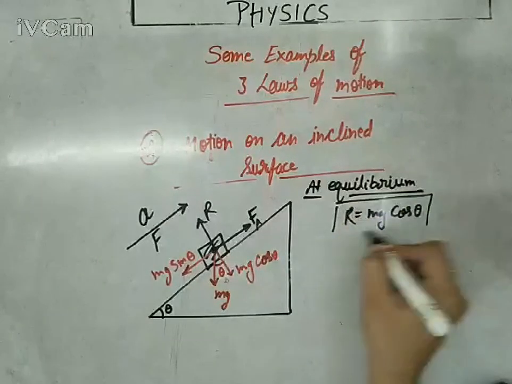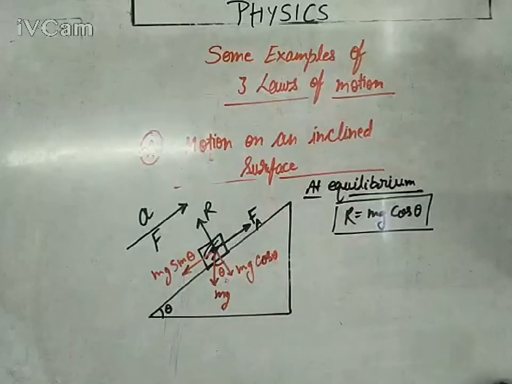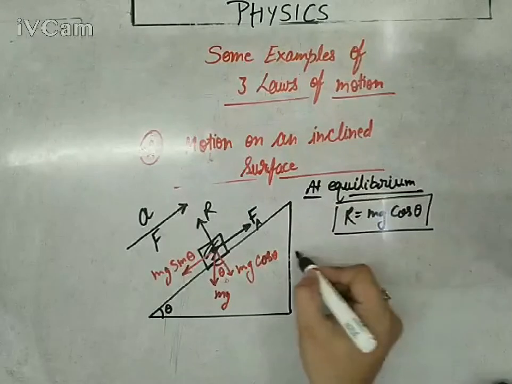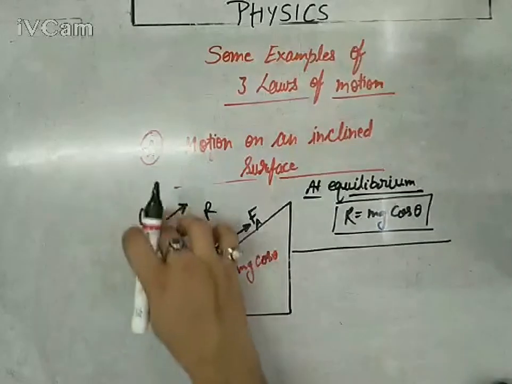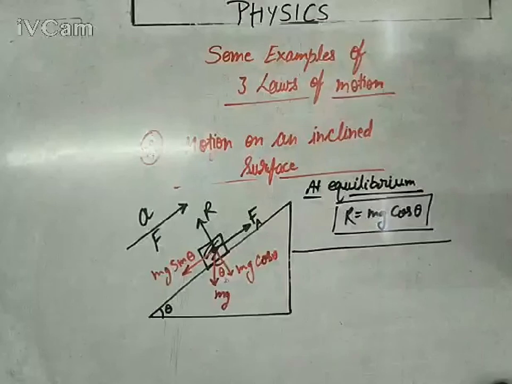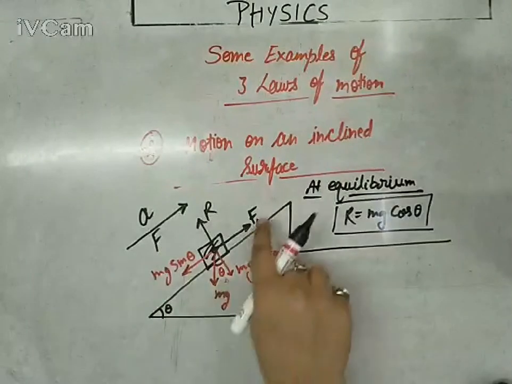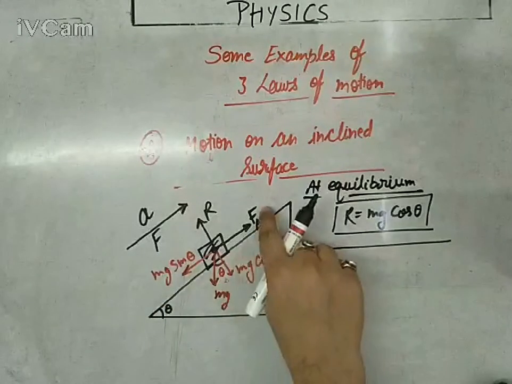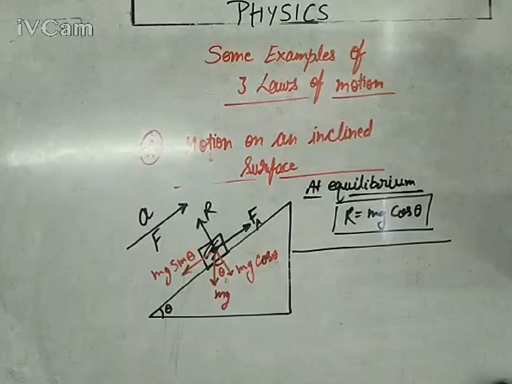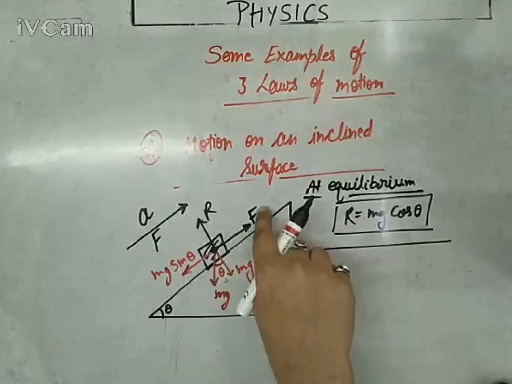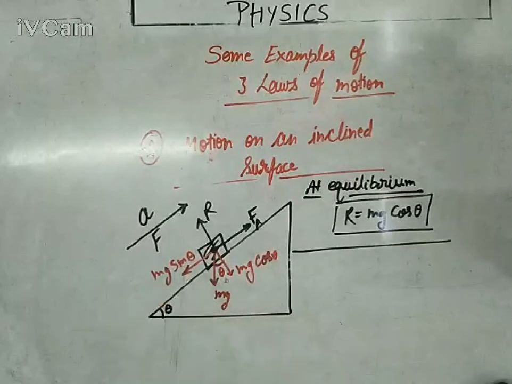Now the whole system is moving with an acceleration a, and the total force is F. According to us, total force is F, but according to the free body diagram, total force would be Fa minus mg sin theta, because the upward force is Fa and the downward responsible force is mg sin theta, and still the body is moving in the upward direction.